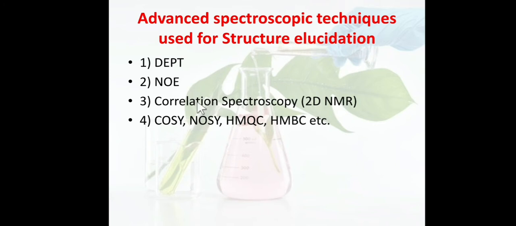Secondly, the correlation techniques, that is 2D NMR techniques such as COSY, NOESY, HMQC and HMBC. Besides this, we will discuss mass spectroscopy and its application to identify natural product chemistry. So the fifth one is mass spectroscopy.